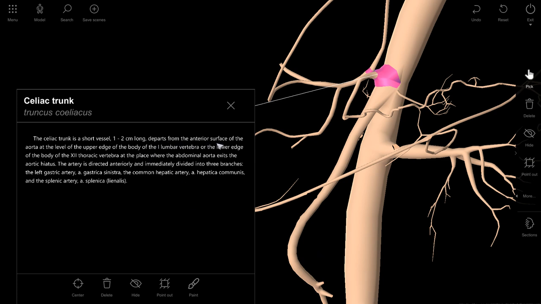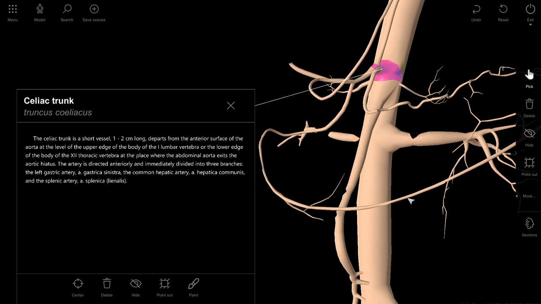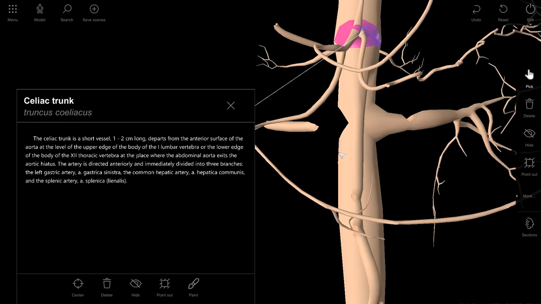It departs from anterior surface of aorta at the level of the upper edge of the body of first lumbar vertebra, or the lower edge of the body of the 12th thoracic vertebra, at the place where the abdominal aorta exits the aortic hiatus. So let's find these structures.